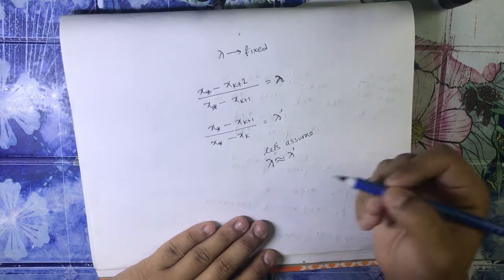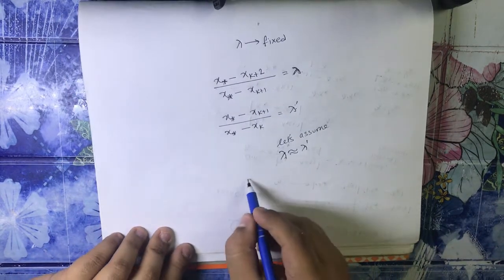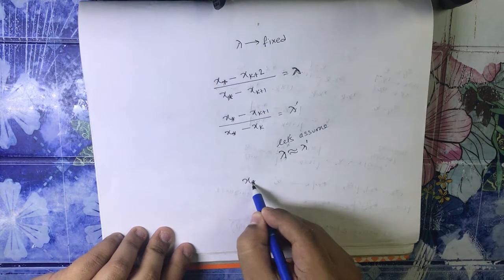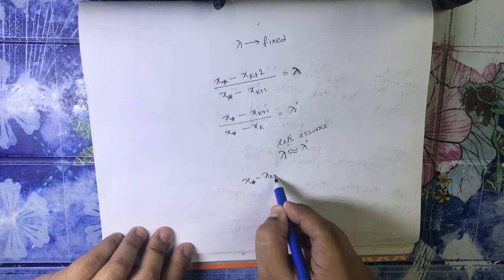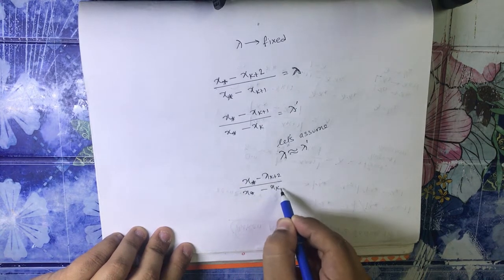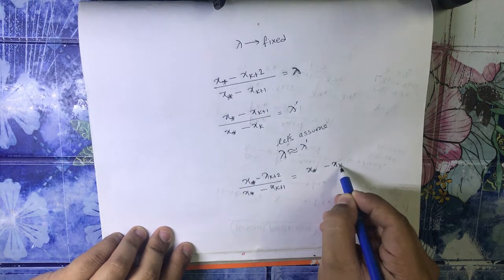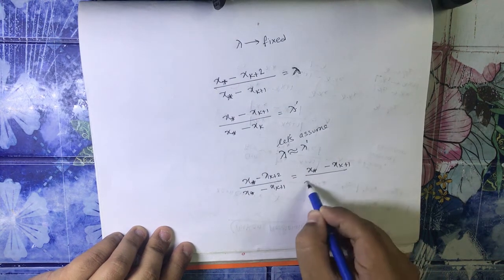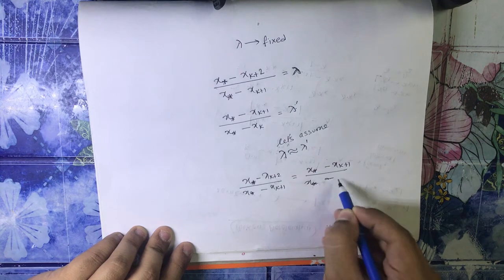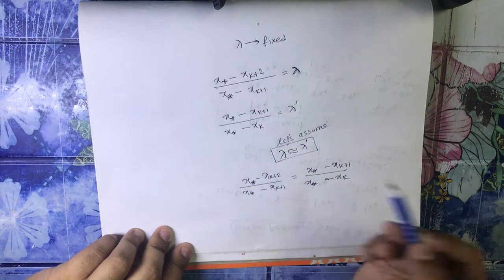So using this assumption, we can write x star minus xk plus 2 divided by x star minus xk plus 1 is equal to x star minus xk plus 1 divided by x star minus xk.